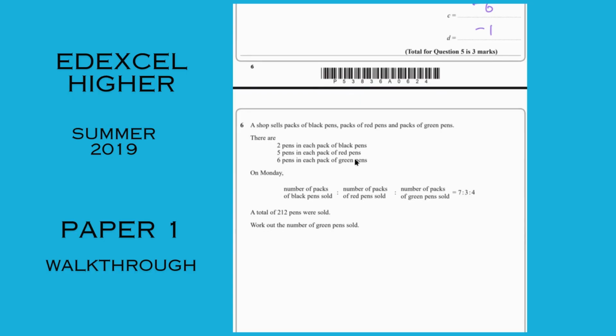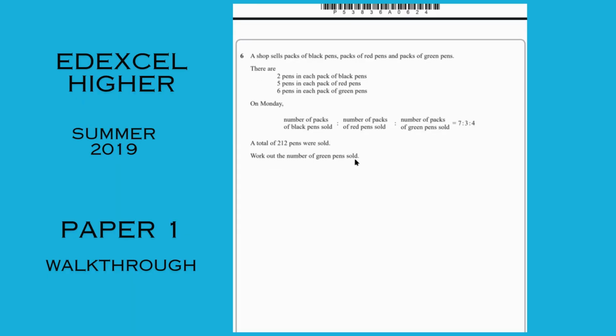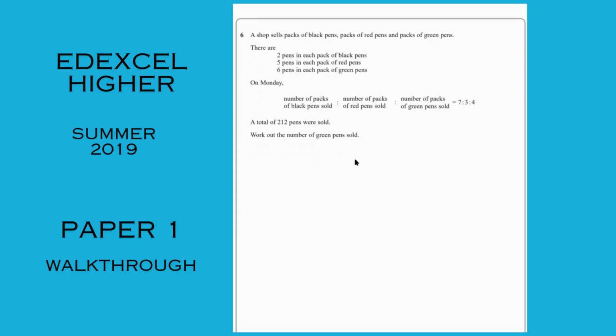Number 6, our old friend, the over-the-top waffly ratio. So, too many words, simplify it. It says on the top line, we've got B pens, R pens, and G pens. In terms of packs, it's 7 to 3 to 4.